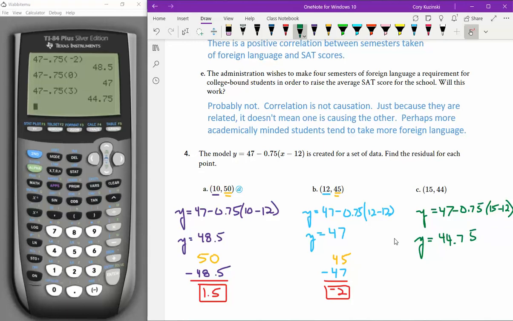I'm just going to take what actually happened here, this 44, and subtract the 44.75. That'll give me my residual, which is a measure of how far off the prediction was, which is just negative 0.75. That's all there is to a residual.